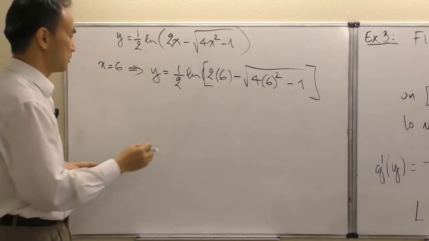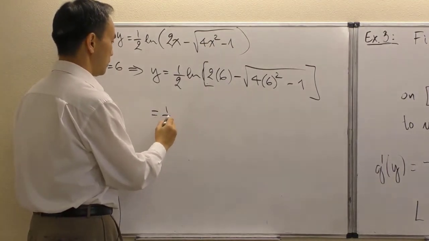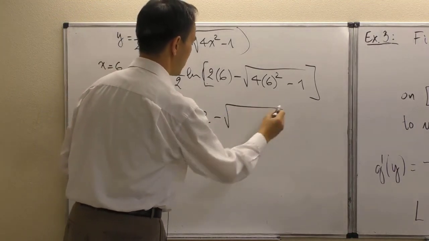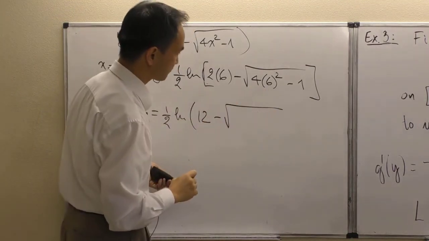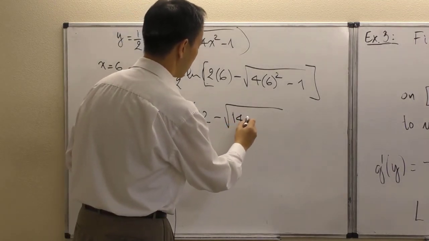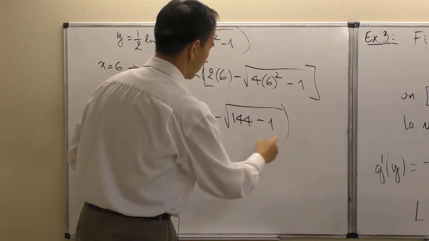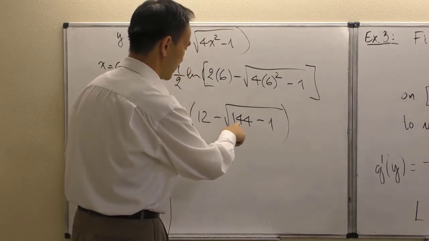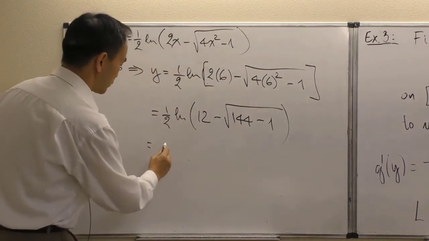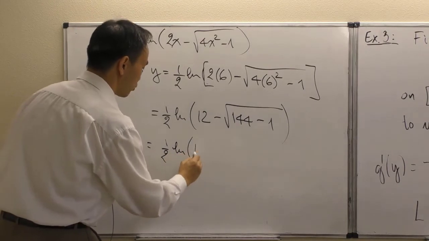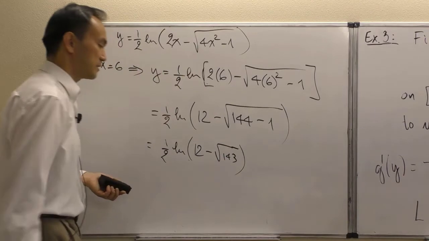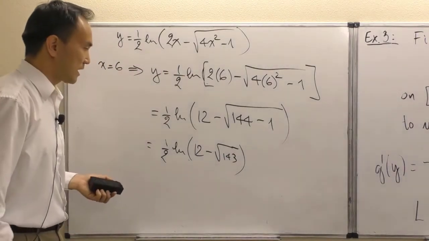That gives 1/2 natural log of 12 minus the square root of 144 minus 1, which is the square root of 143. So here it's 1/2 times natural log of 12 minus the square root of 143. That's fair enough for that expression.